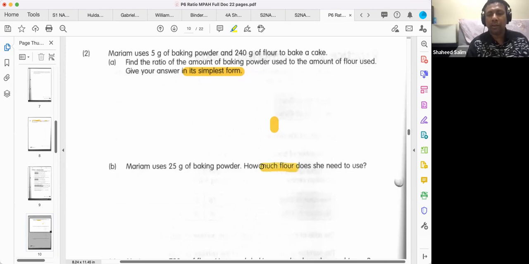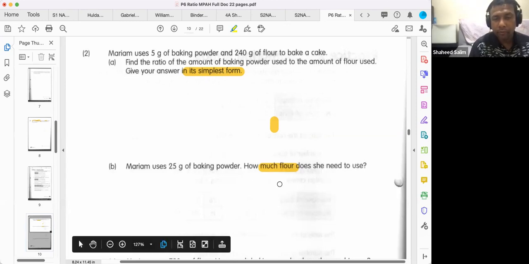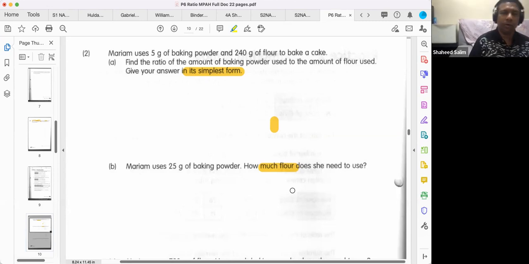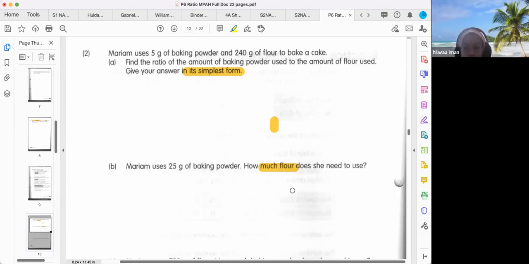So now the question is, how much flour does she need to use? You got the answer. And your answer is? Not 120. Okay, this one is 25, right? Flour will be how much? Not 12,000. Did you read correctly? It's 1,200. So the answer is 1,200.